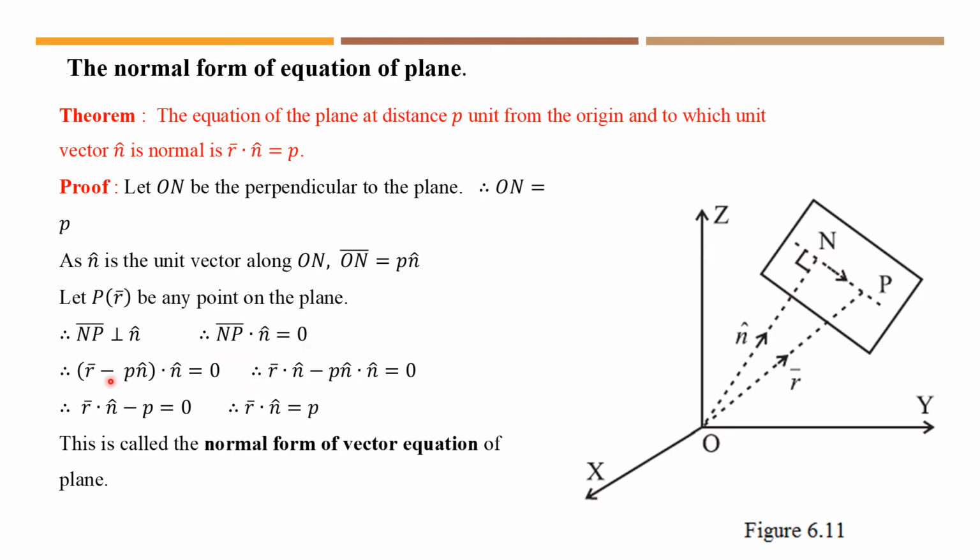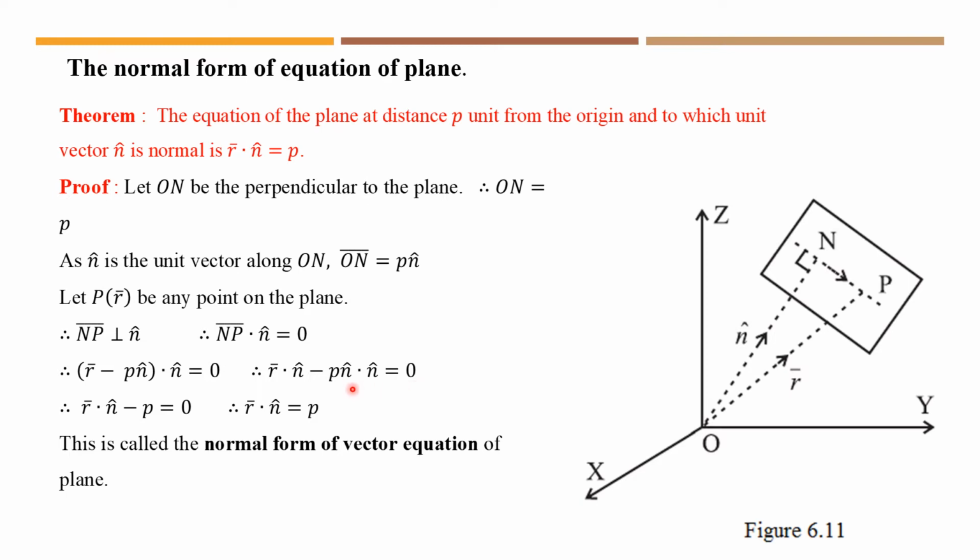Put the values. NP vector means OP vector minus ON vector. OP vector is small r vector minus ON vector, and ON vector equals p into n cap, dot n cap. Then r vector dot n cap minus p into n cap dot n cap equal to 0.